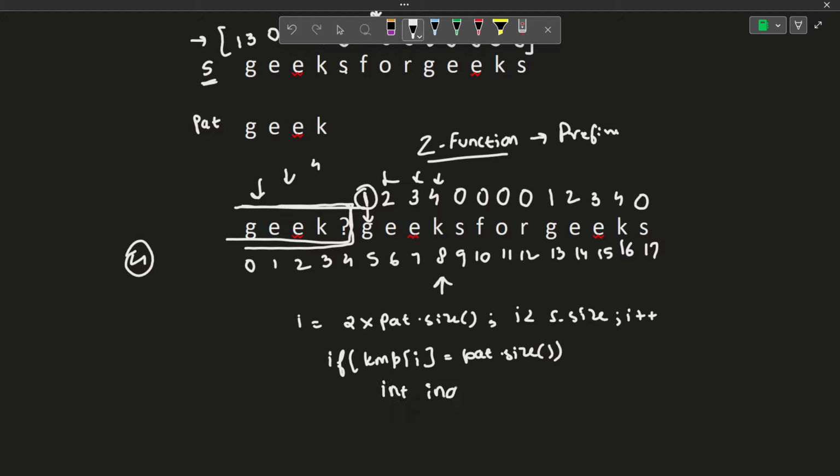So int index, right? You see here, we have this particular value 8 as our i value or our current index, but we want the value 1 in our answer, right? Because this was the starting position 1 and we have found this pattern starting from here. So how do we actually get it? The very first thing we would want to do is i minus pattern dot size, right? Why are we doing pattern dot size? So actually we'll have to do twice of pattern dot size, not pattern dot size itself.